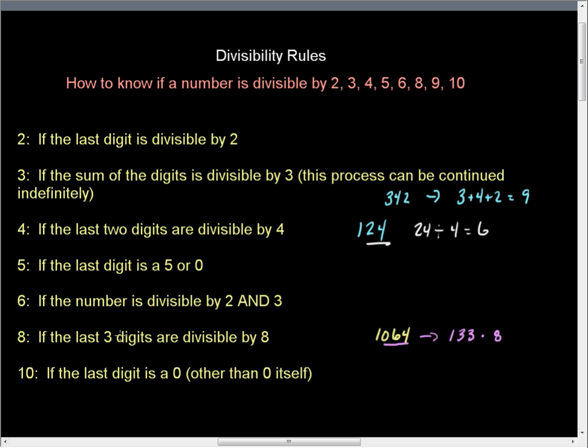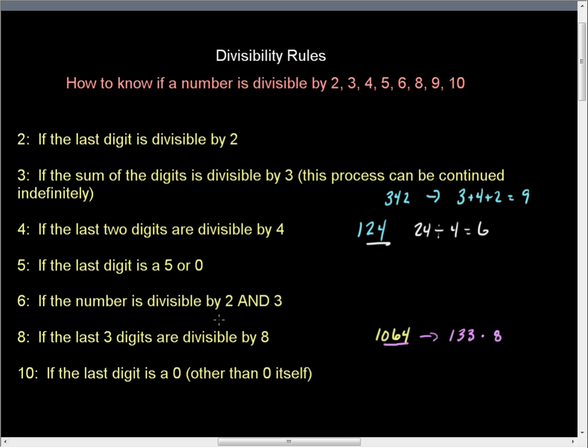Okay, so now 5: if the last digit is 5 or 0, and that should say other than 0 itself, because that really doesn't count. It's not a natural number. 6: if the number is divisible by 2 and 3.